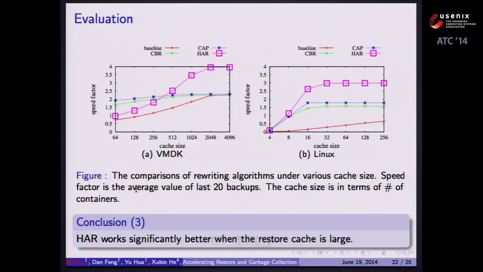This figure compares the restore performance on various cache sizes. When the cache is small, out-of-order containers are dominant, while when the cache is large, the sparse containers are dominant. Since HAR aims to reduce the sparse containers, it achieves significantly higher restore performance when the restore cache is large.